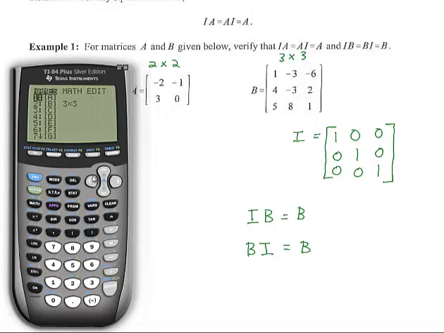We go back to the matrix screen, and we'll see if we can get I. Okay, there is an I matrix, so we go to edit, we scroll down to I, and in the calculator I isn't automatically the identity matrix. We have to enter the ones for the principal diagonal.